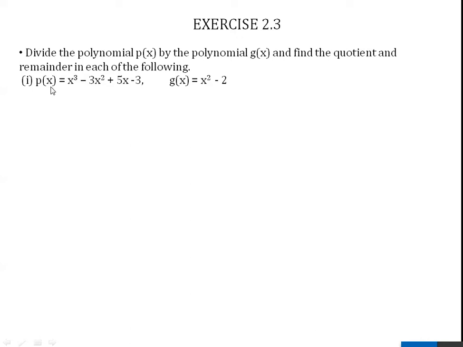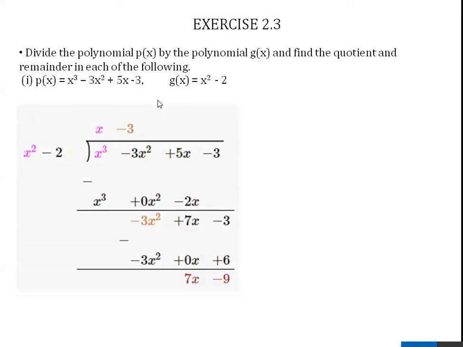So p of x is the dividend. Here g of x is equal to x square minus 2. That is, g of x is the divisor. This is the method of dividing two polynomials. x cube minus 3x square plus 5x minus 3 is divided by x square minus 2.